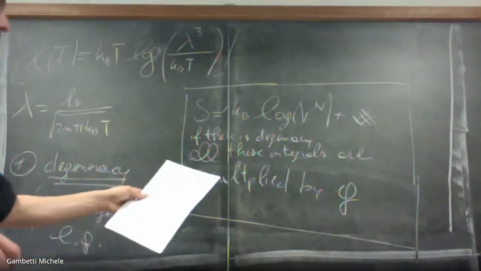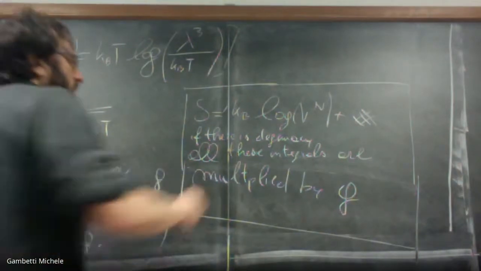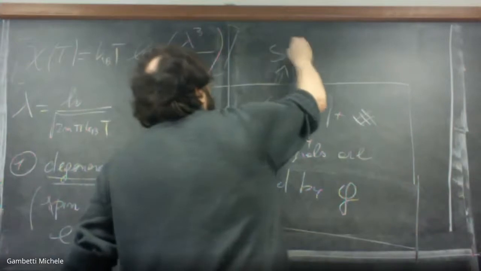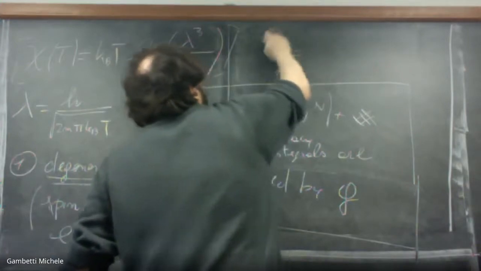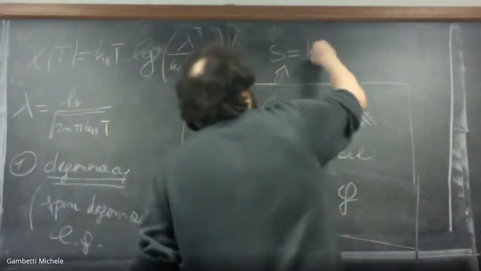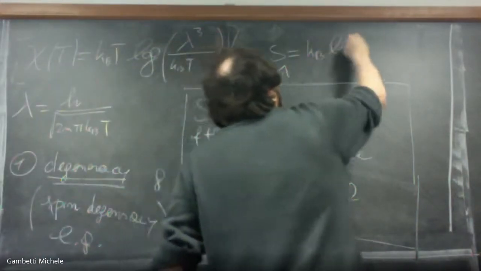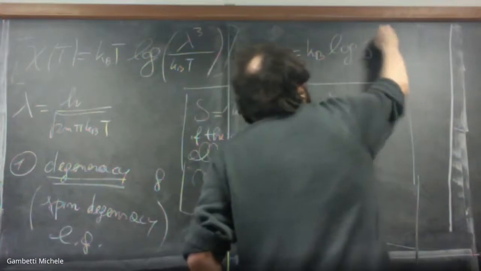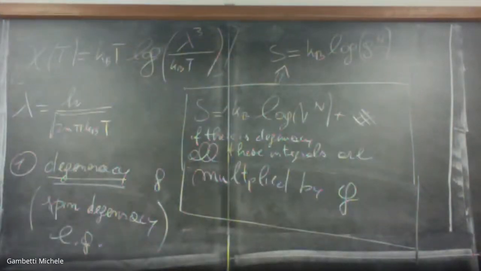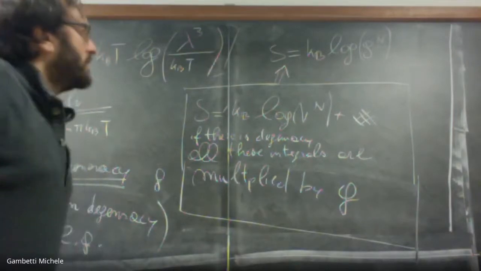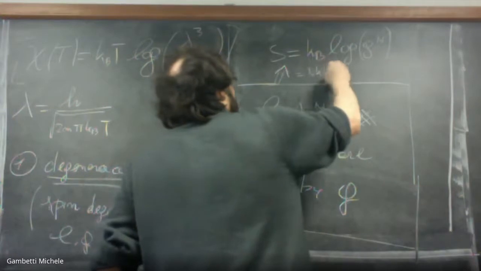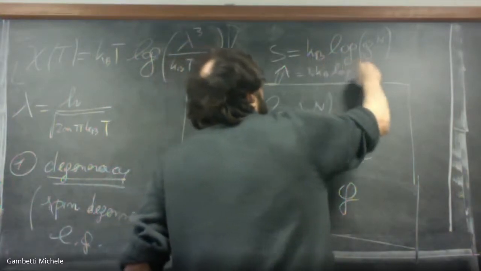Therefore I will have an additional contribution to the entropy, which is related to the degeneracy, something like kB log of g to the power of N, where g is the degeneracy, which is of course equal to N kB log of g.